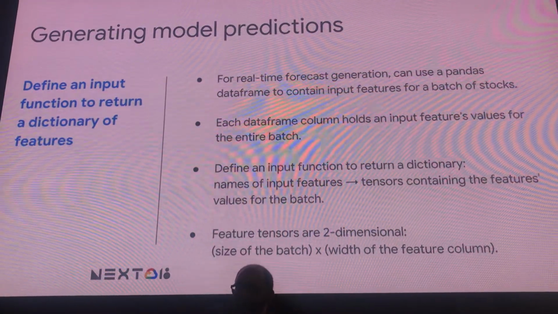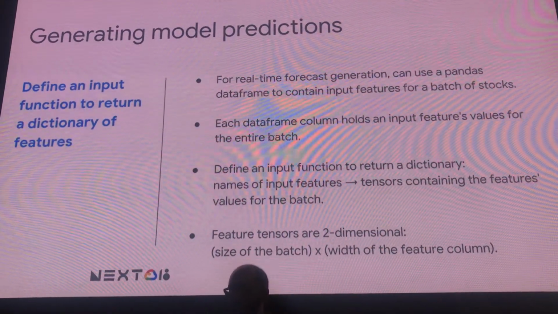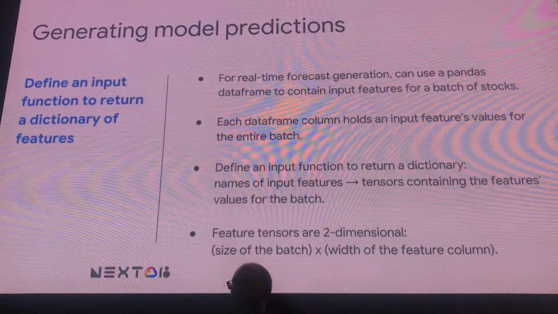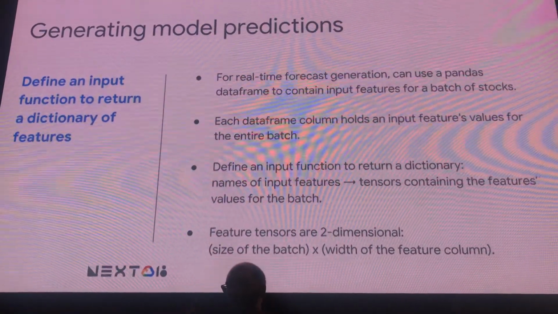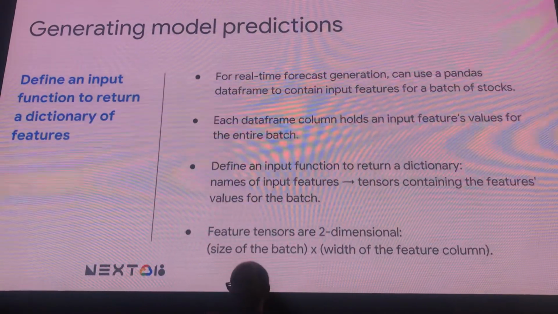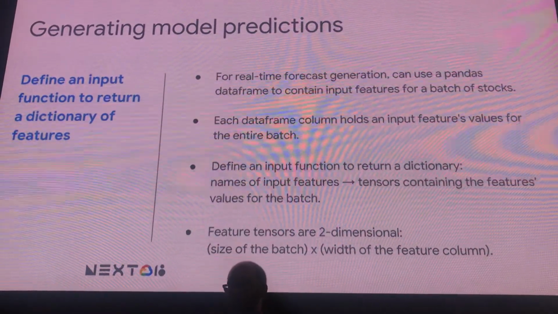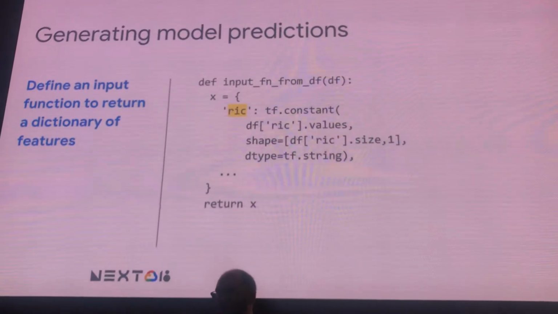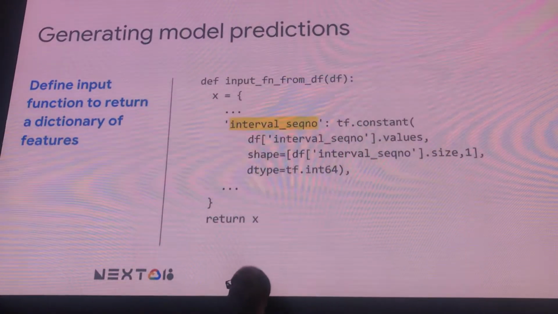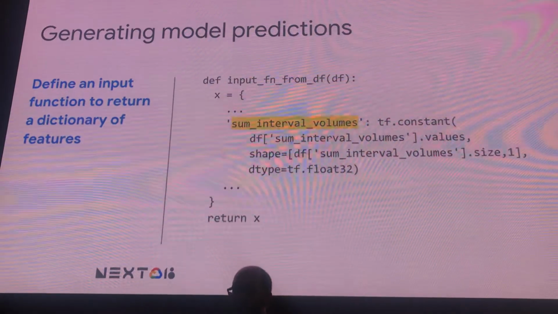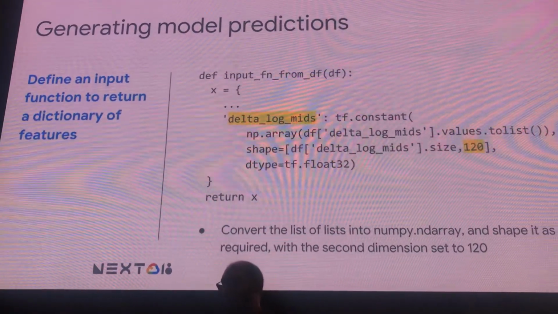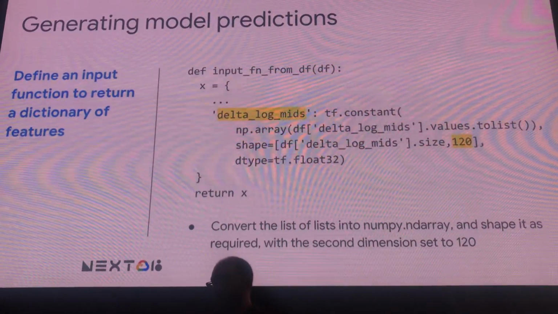So essentially values for one column in the pandas data frame. So the feature tensor will be two-dimensional. The first dimension is the size of the batch, which is the number of rows in the data frame. And the second dimension is the width of the corresponding feature column. So we have RIC, interval sequence number, sum of interval volumes, log of the current mean, delta log mean. You see here the second dimension is 120.